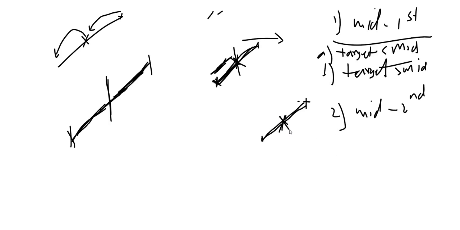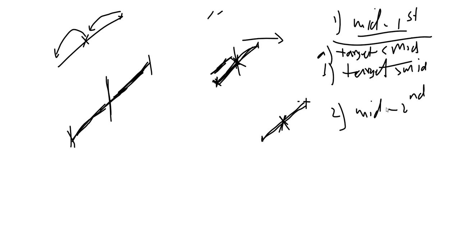If my mid falls in the second part, I compare my mid with the beginning. If it is greater, then I will come to know that... so here I can just use else.